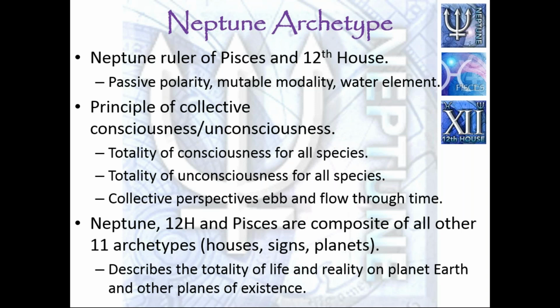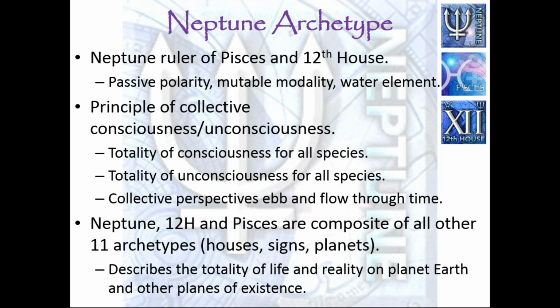As we've said many times from the perspective of evolutionary astrology, Pisces in the 12th house are the last of the 12 archetypes. And so Neptune, 12th house, and Pisces are a composite of all 11 archetypes that came before.